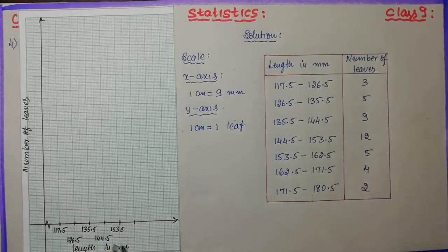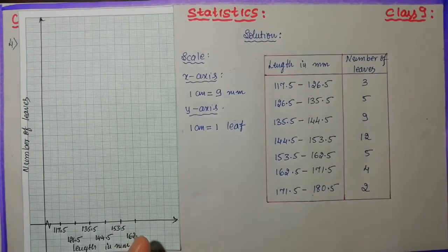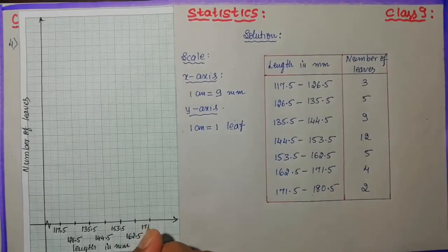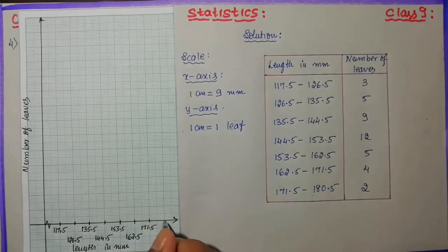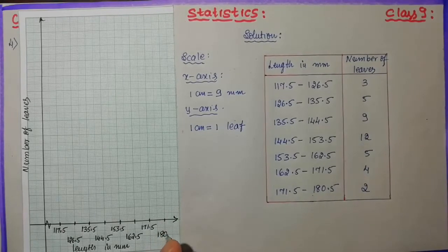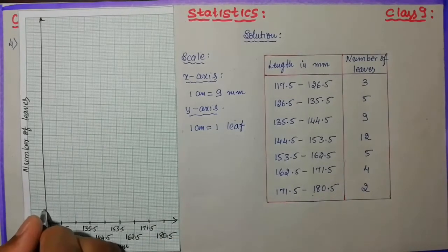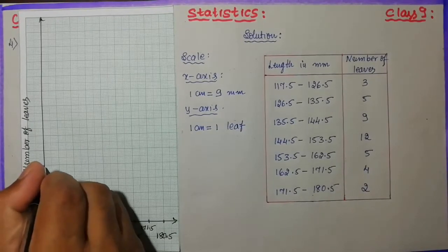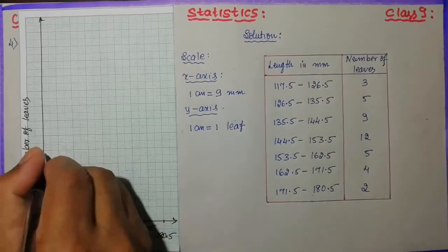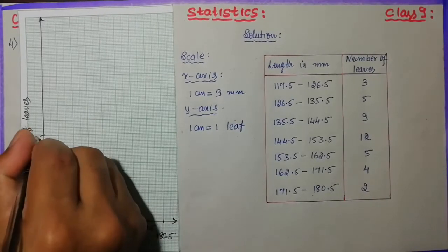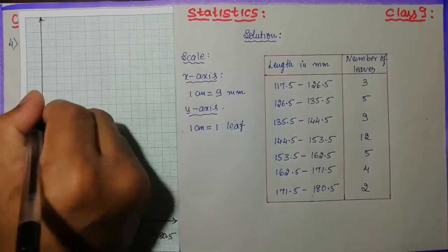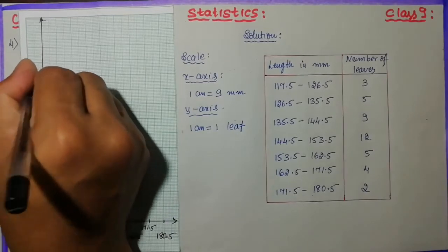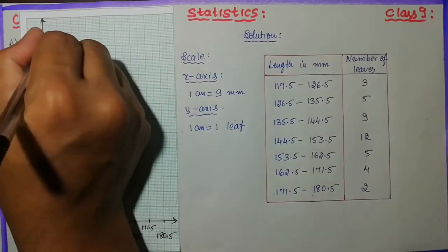Okay, 162.5 and then 171.5 and 180.5. And in this direction, this is 1, this is 2, 3, 4, 5, 6, 7, 8, 9, 10, 11, and this is 12.